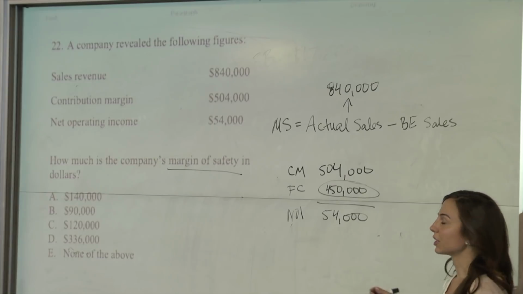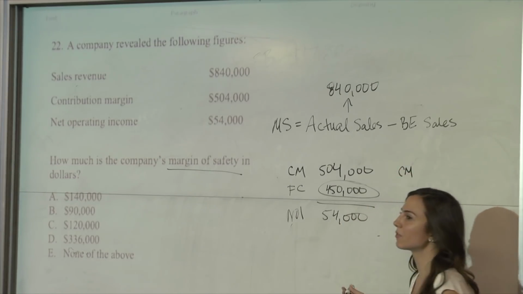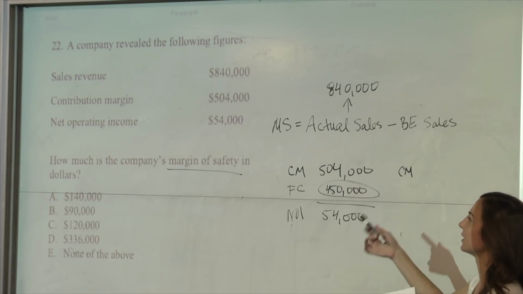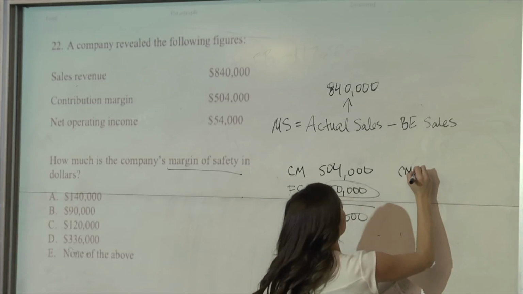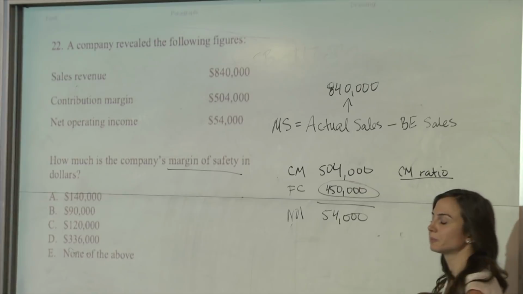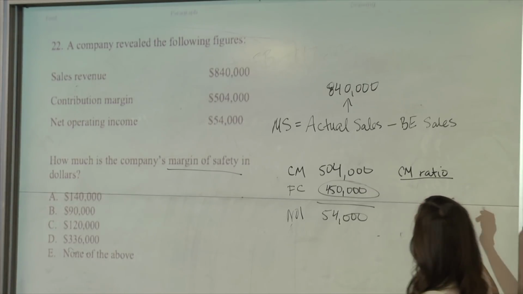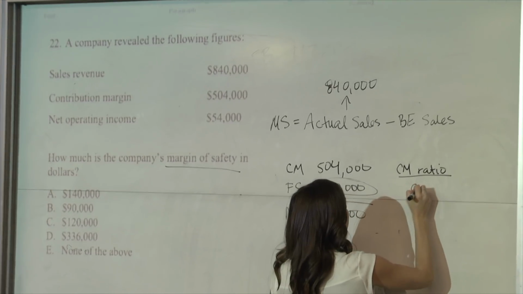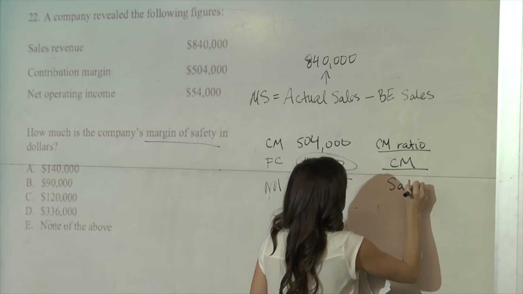The other thing that we're going to need, and this is specifically important when we're looking at the dollar break-even point and the dollar margin of safety, is again the contribution margin ratio. The contribution margin ratio is always just the contribution margin over the sales.